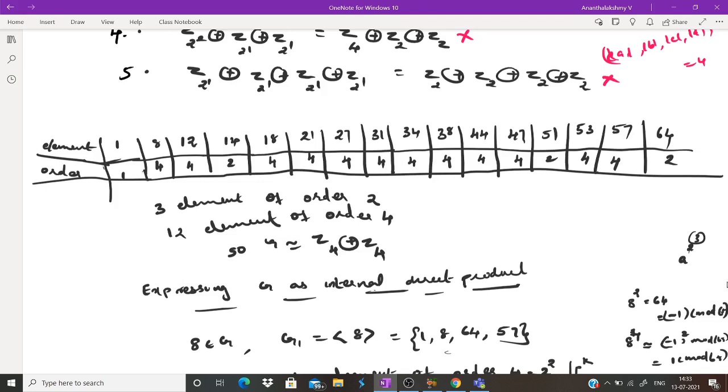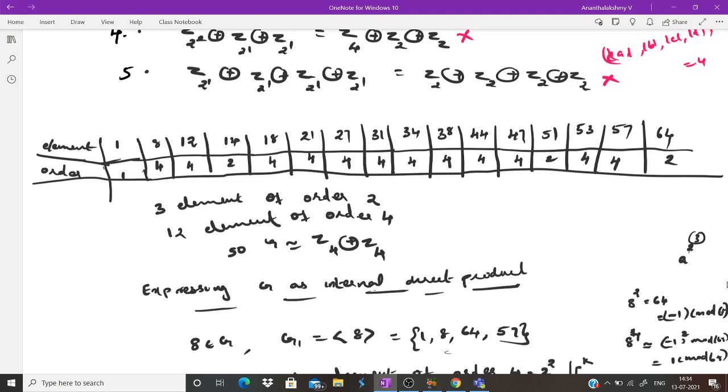So order of 1 is 1, order of 8 is 4, order of 12 is 4, order of 14 is 2, and order of 18 is 4, order of 21 is 4, order of 27 is 4, order of 31 is 4, and order of 34 is 4, and order of 38 is also 4, order of 44 is 4, 47 is 4, and order of 51 is 2, and order of 53 is 4, order of 57 is 4, and order of 64 is 2. It is a time consuming process, but you have to find the order of every element and list it out.